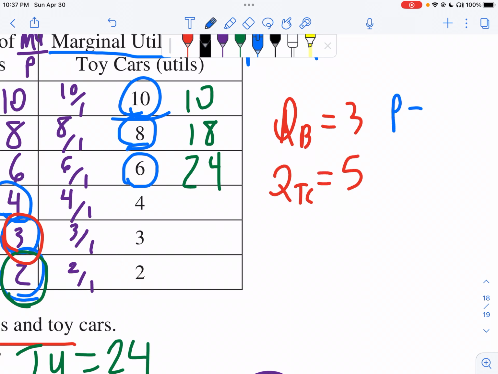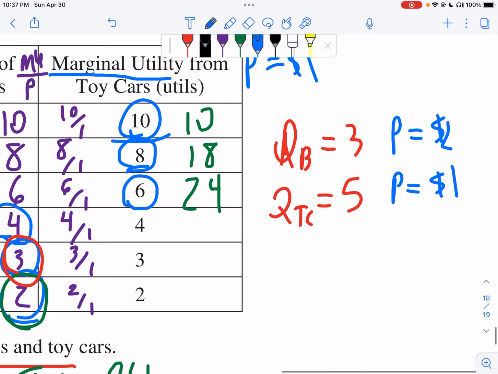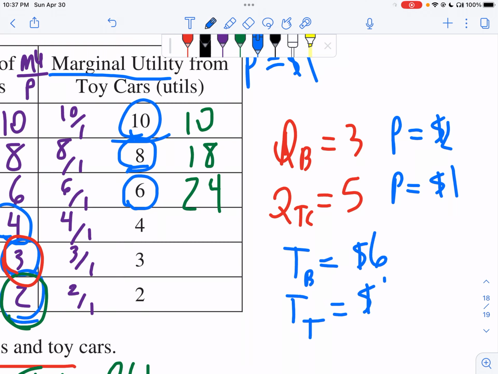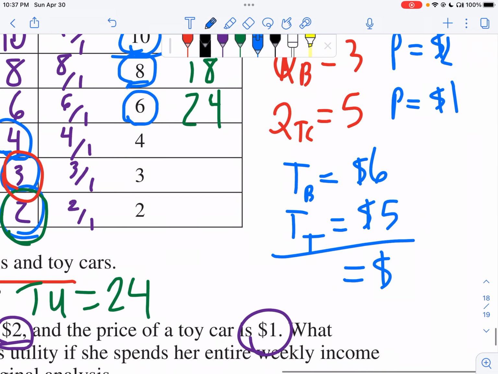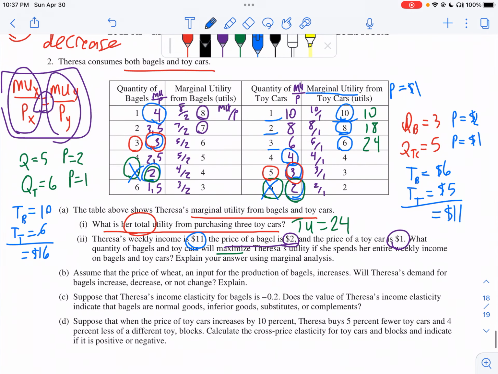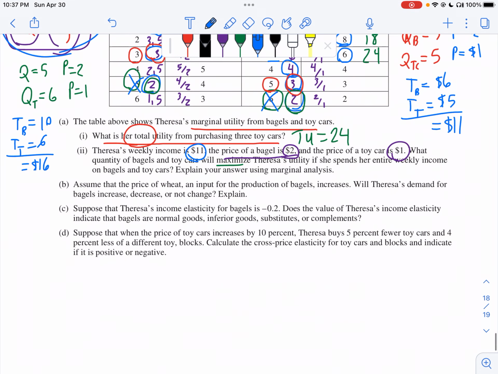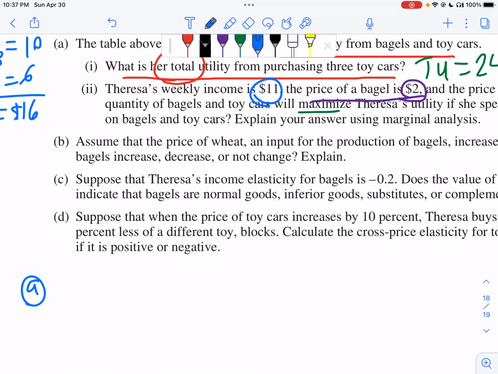If the price is 2 and the price is 1, I need a total of $6 for the bagels, and a total of $5 for the toy cars. So my total is 11. Can I buy this bundle? Yes. Are they equal? Yes. So therefore, for part B double I, Teresa will buy 3 bagels and 5 toy cars.